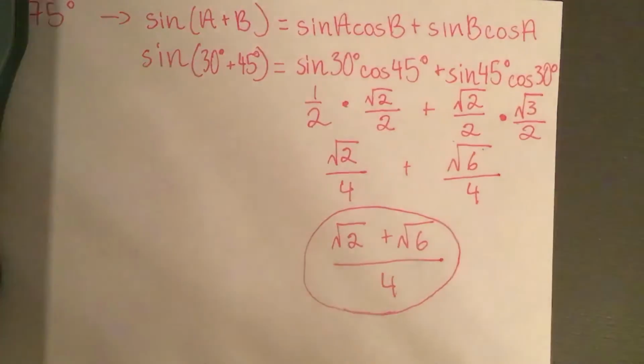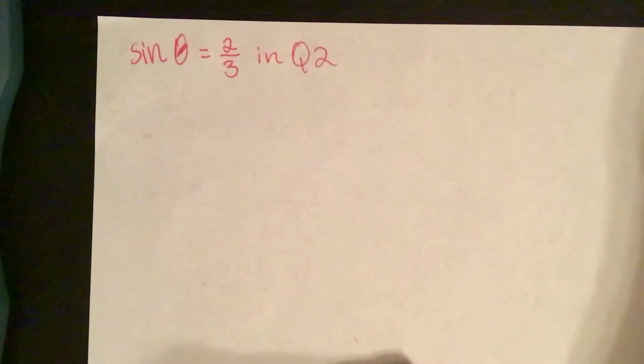Hey guys, so for this final problem I'm going to show you, we are going to use the sine of theta equals 2/3 in quadrant 2. And using that, we're going to find the values of all the 6 trigonometric functions.